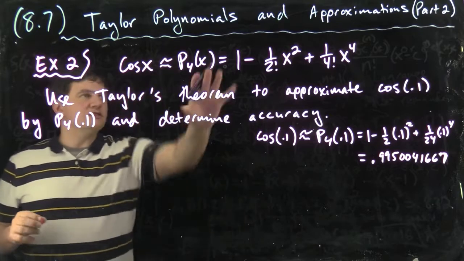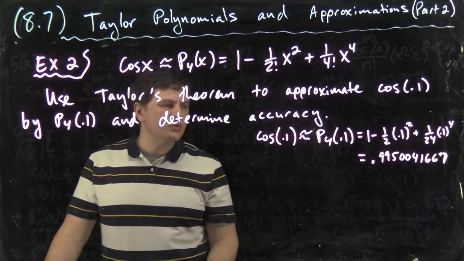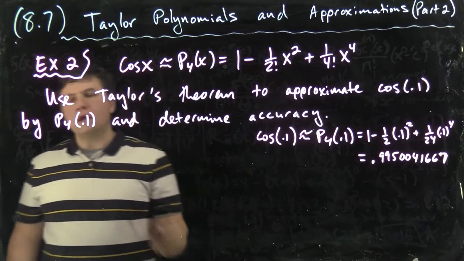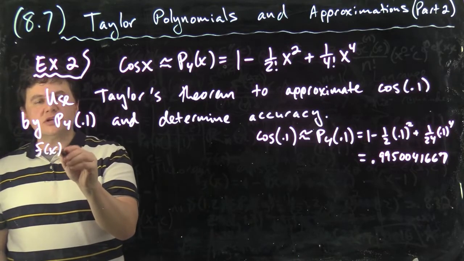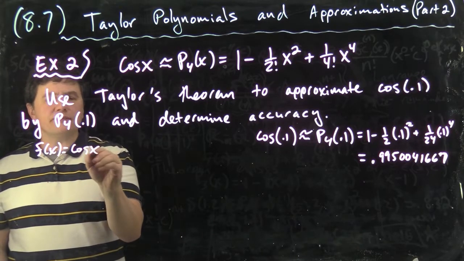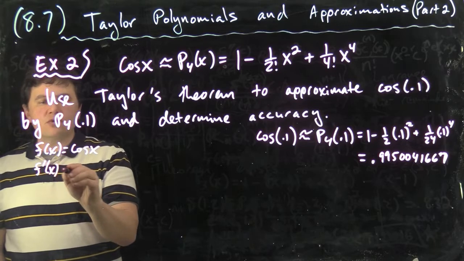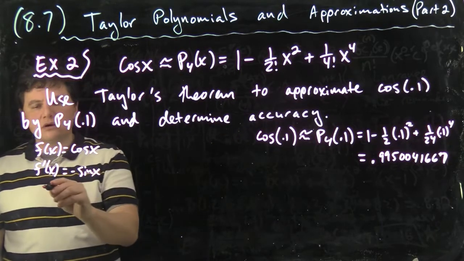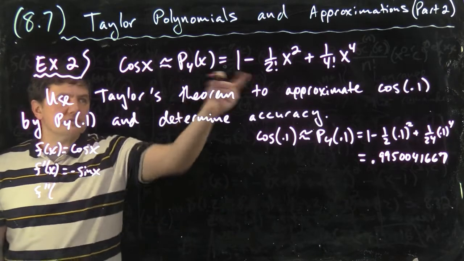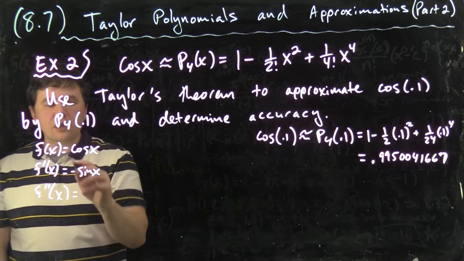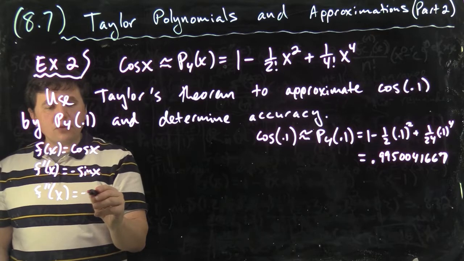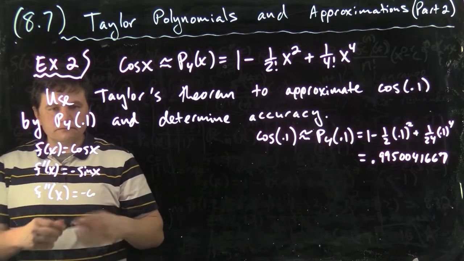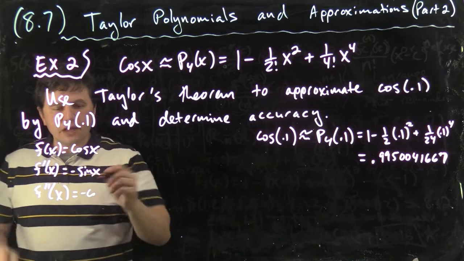Let's first confirm that this is what the polynomial is. We're centered at 0, so we would start with cosine x. Our next derivative would be negative sine x, and that explains why we're getting a negative here. With the double derivative, we get negative cosine x.